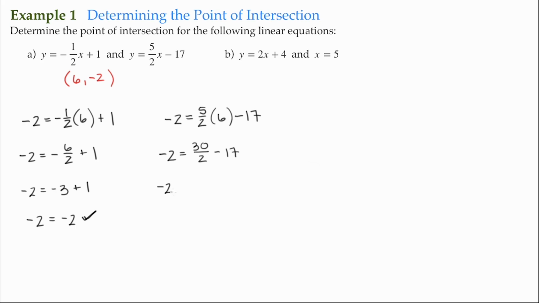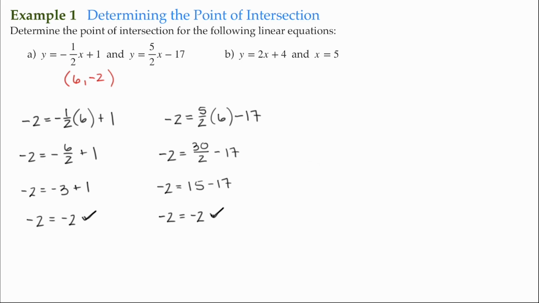This is negative 2, and 30/2 is 15. And of course, 15 minus 17, that's negative 2. So it works for both, and that will be the only point that will work for both, because that's the only point that they could intersect being linear equations.